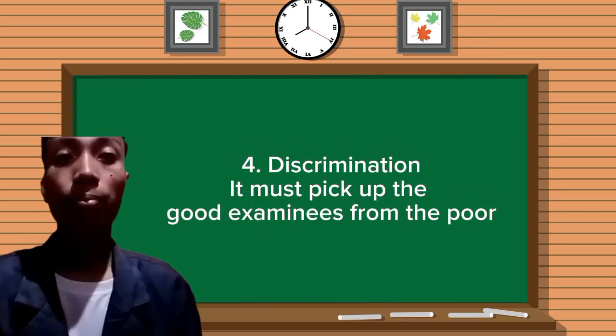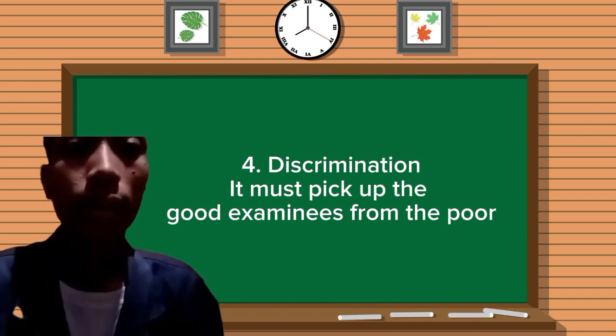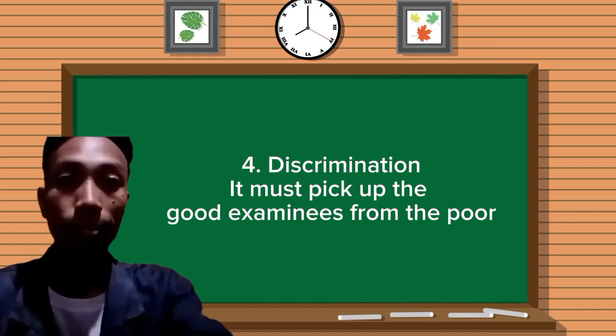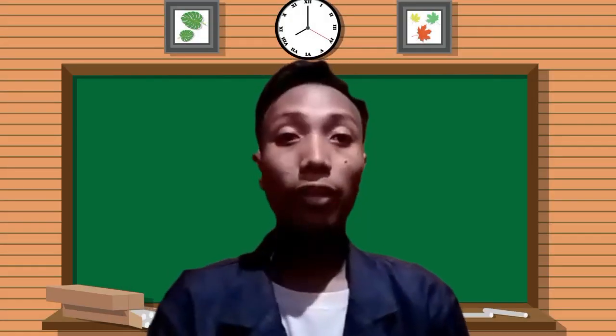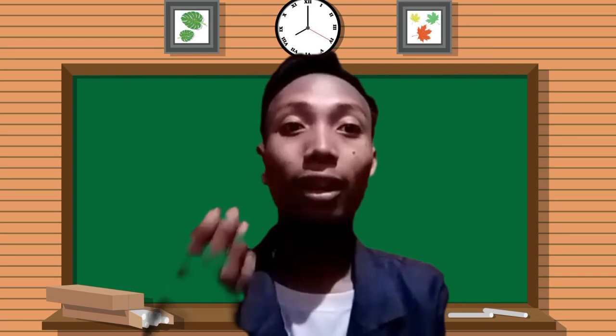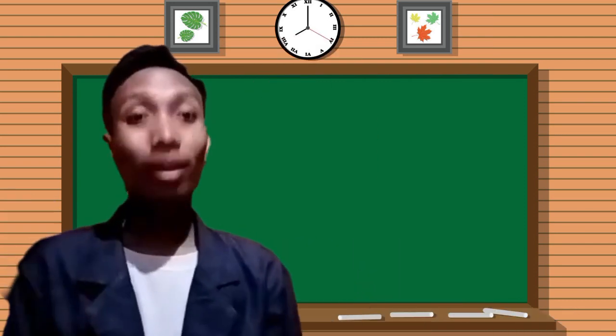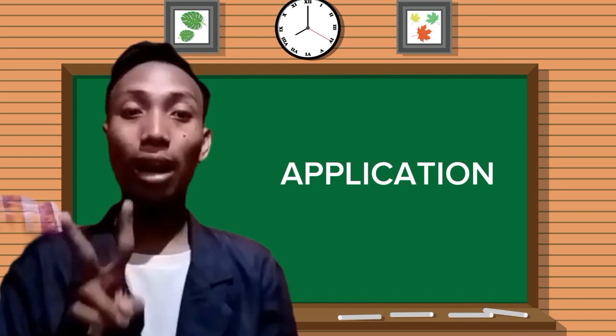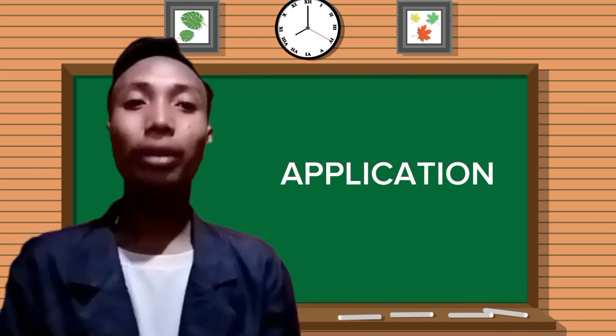It must pick up the good examinees from the poor. Do you have any questions, class? Clarification? Very good. A while ago, class, I grouped you into two groups. Am I right? Very good.